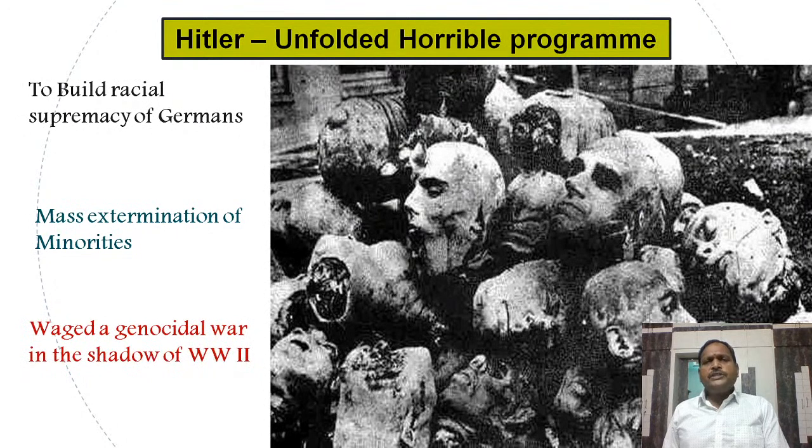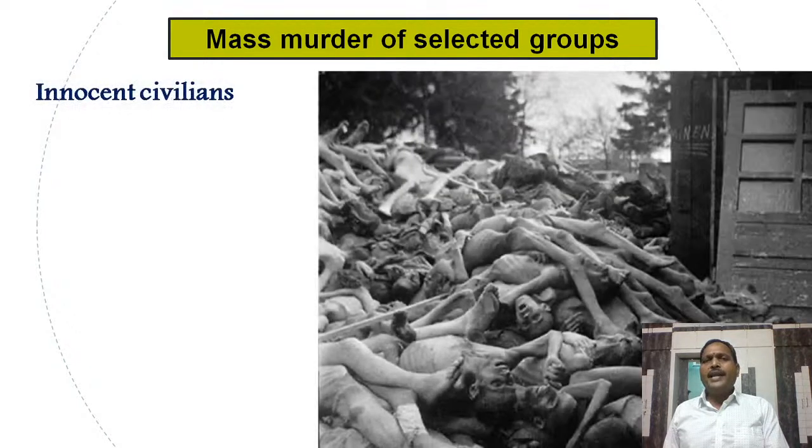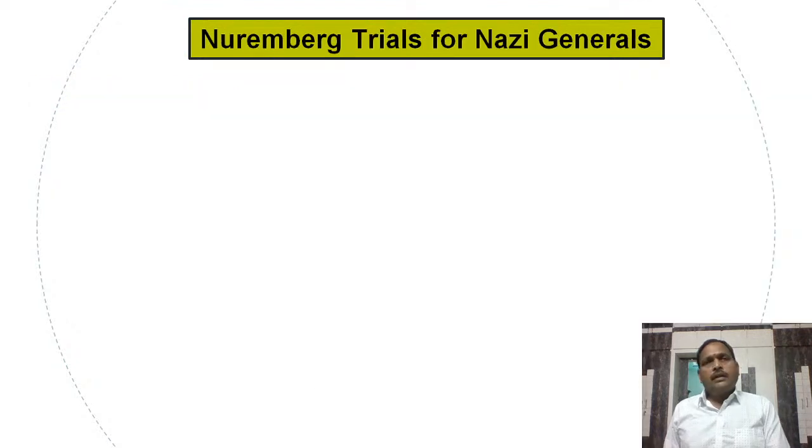He waged a genocidal war in the shadow of World War I. How cruel he was, how the sufferers felt, with these photographs we can imagine. Mass murder of selected groups. He decided to wipe out all the opponents and also all the persons who were against him. Many innocent civilians were murdered.